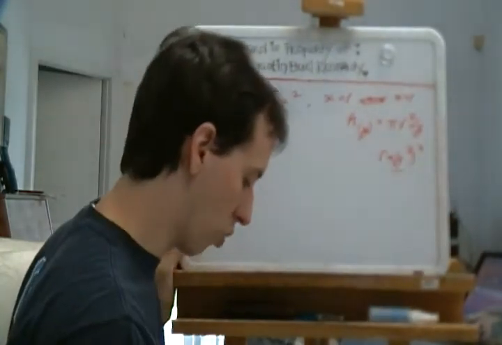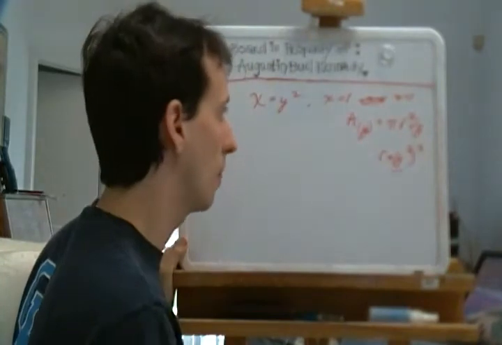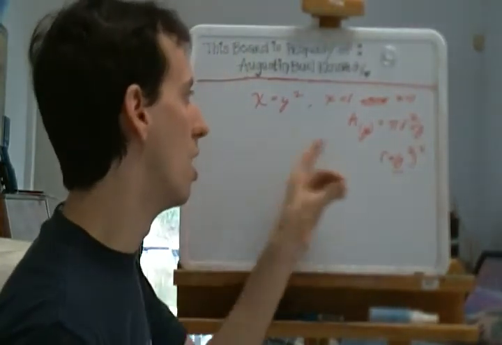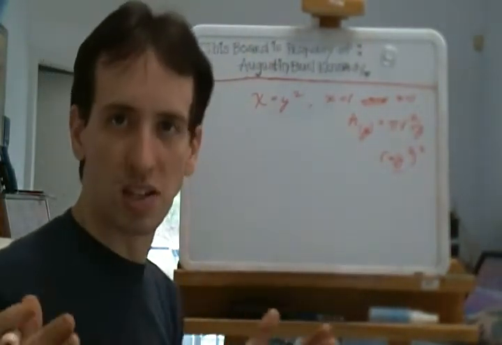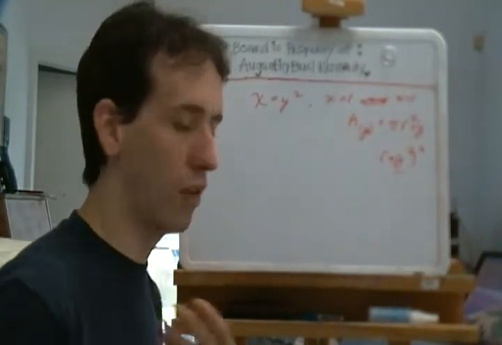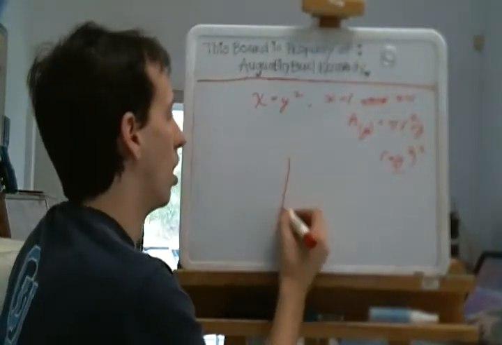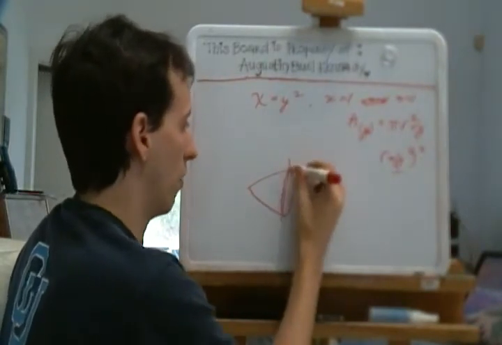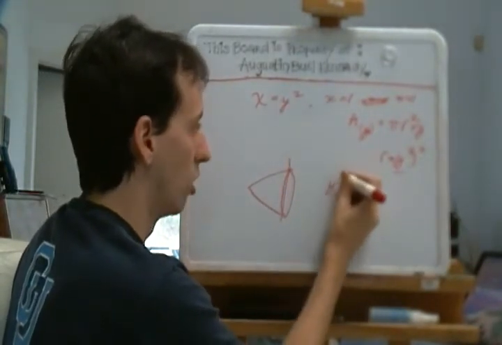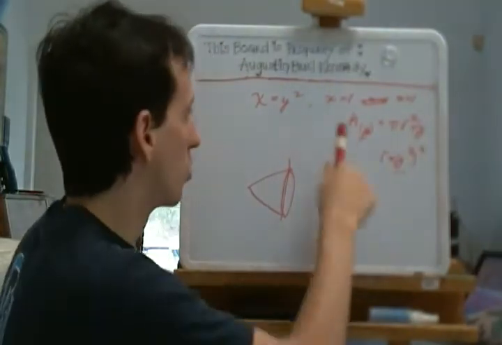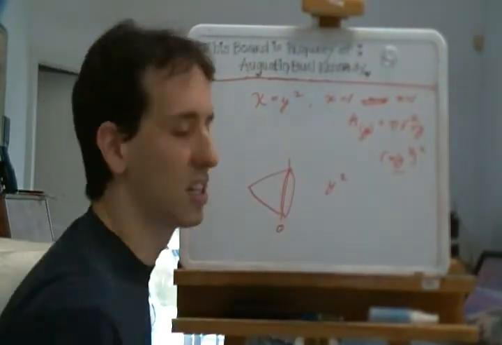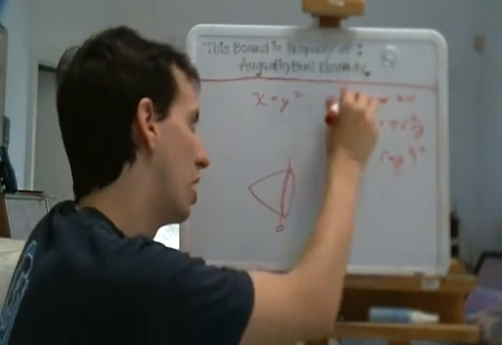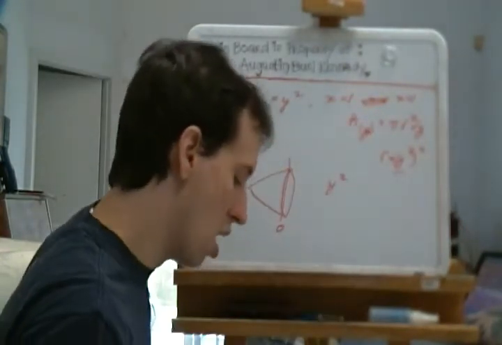And the way that this is going to work is, well, hold on. r equals y squared squared, right? Well, not quite. Because remember here, the radius of this thing isn't necessarily y squared, because we're not rotating around the y-axis, which is x equals 0. We're rotating around x equals 1.